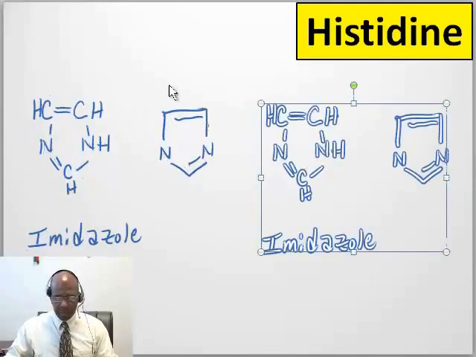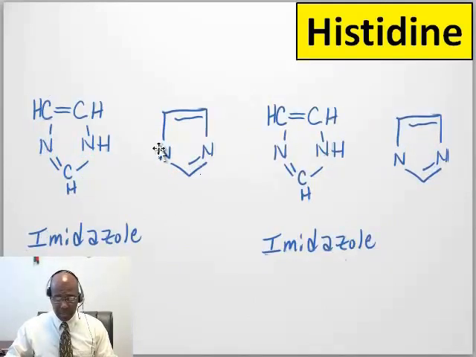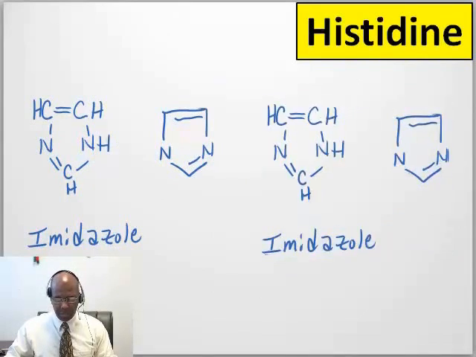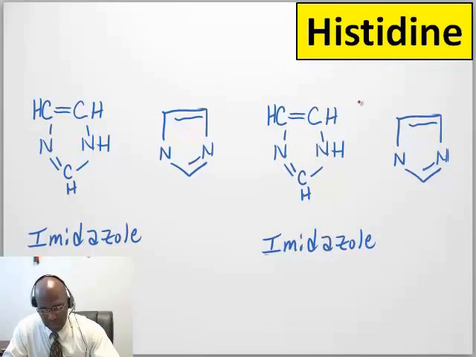Okay. And so this is imidazole, and we have imidazole over here. Wish I could change the color of that. I don't think I can though. Nope, cannot change that color. Okay. Now, all we have to do here is add a methyl group to this.